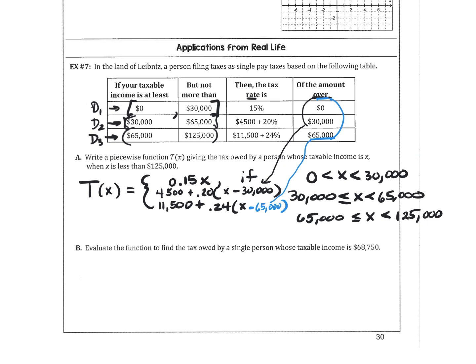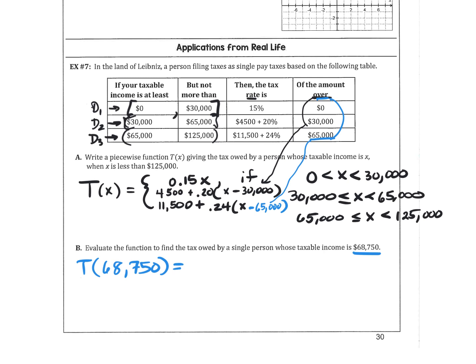So now it wants to know, evaluate the function to find the tax owed by a single person whose taxable income is $68,750. So if we're looking for T of 68,750, which function are we going to use? 1, 2, or 3? Which domain does it fall in, guys? Domain 3, right?